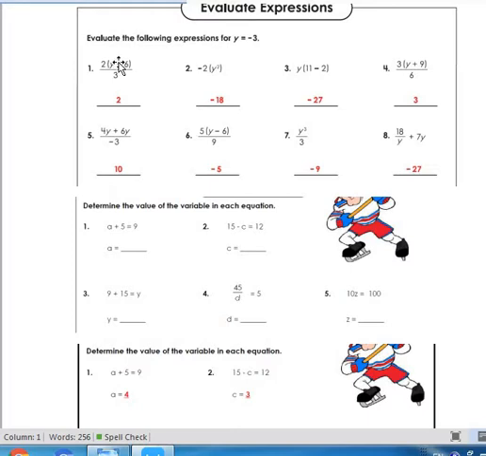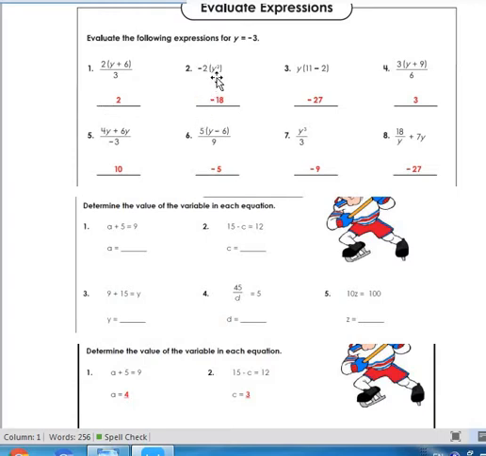Then the exponent: we don't have any powers here. Then multiplication: 2 times 3 equals 6, because 6 plus negative 3 gives me 3. 6 divided by 3 equals 2. So this is my answer, negative 2.